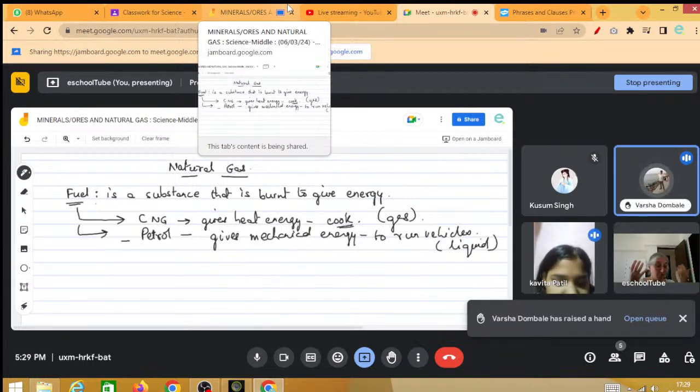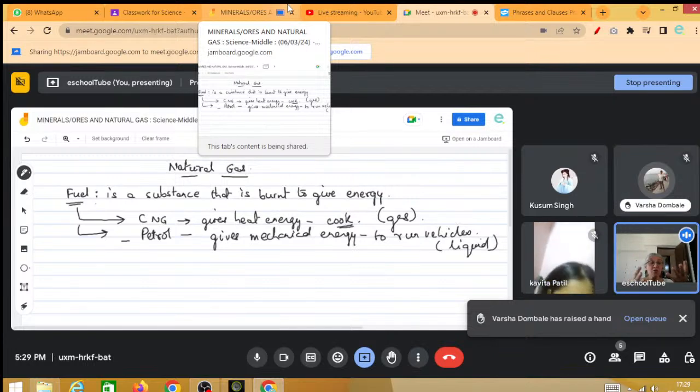Means heat is produced. So that heat energy makes this wood or coal a fuel. It is a fuel which is giving us energy, heat energy. So that heat we are absorbing.